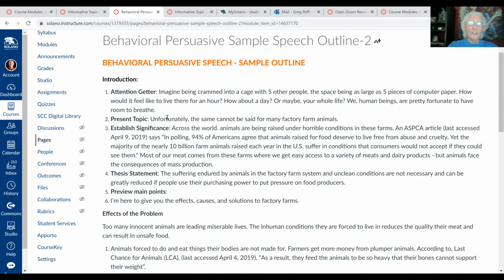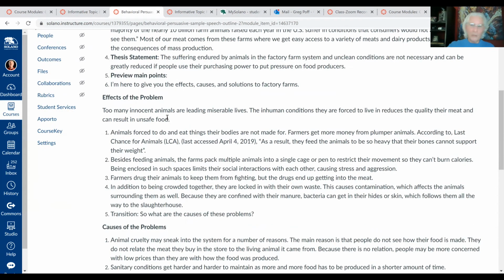You want to make sure that you're using the behavioral persuasive speech sample outline to follow that and use that as the guideline for your speech. And really the only difference in that speech compared to the informative speech is your main points are already assigned. And you would probably come up with these same main points if you're doing a behavioral persuasive speech.